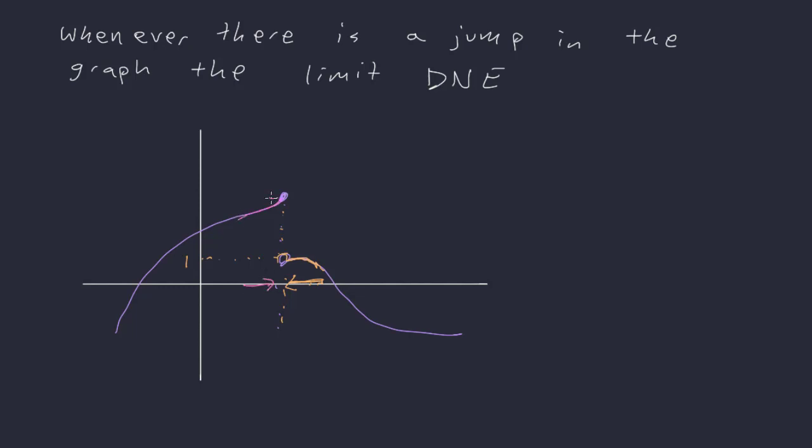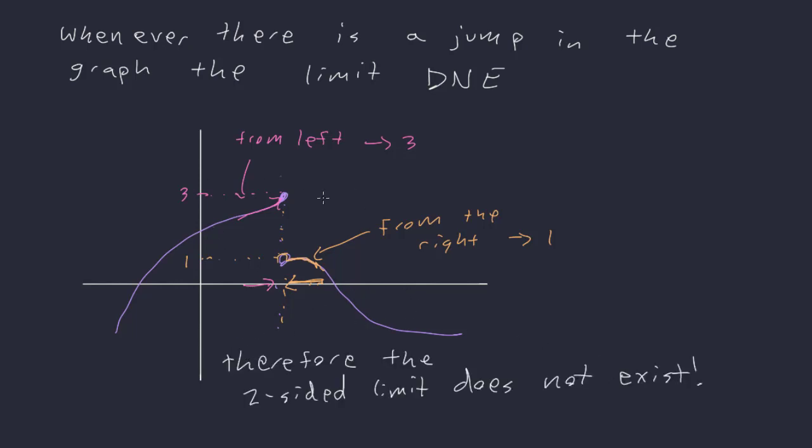But from the left, we're up here approaching this y value, so maybe that's 3. So from the left we approach 3, and from the right we approach 1. Therefore, the two-sided limit does not exist.